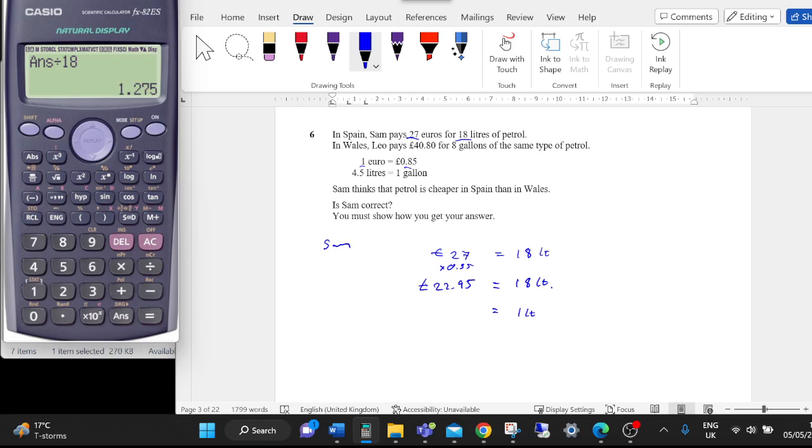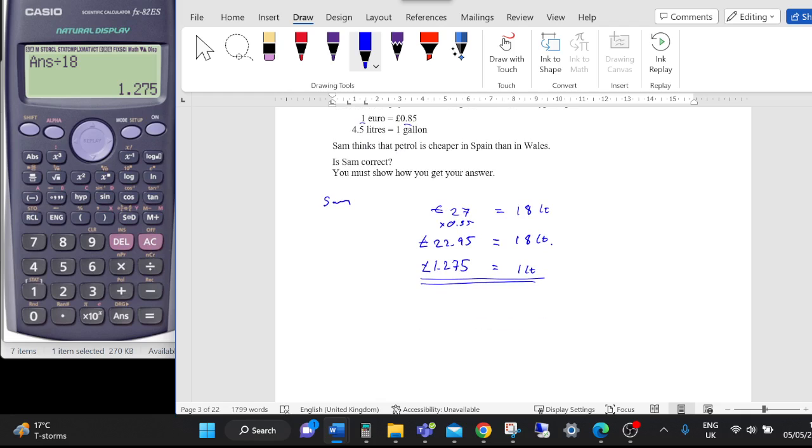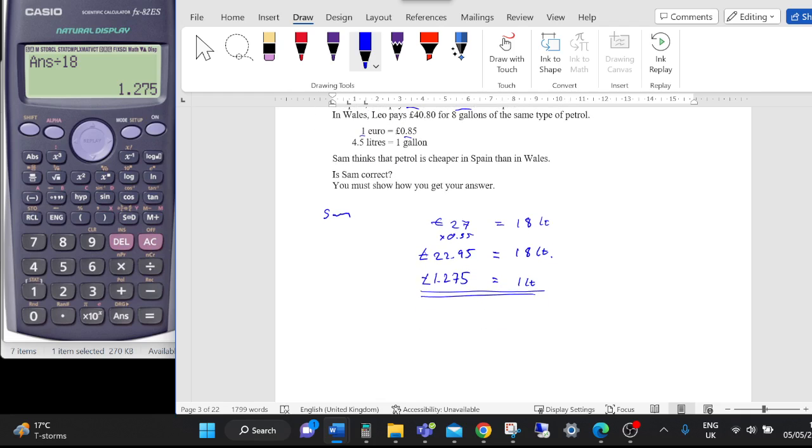So 1 litre will cost me £1.275. And that's Sam's price per litre in Spain. And I need to do the same for Leo or Wales. So for Leo, he starts out with paying £40.80 for 8 gallons.